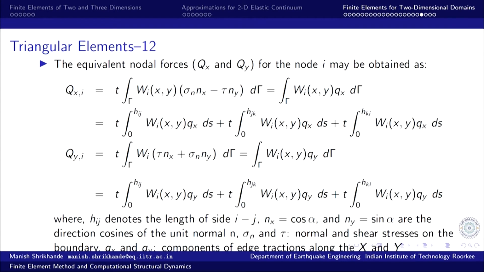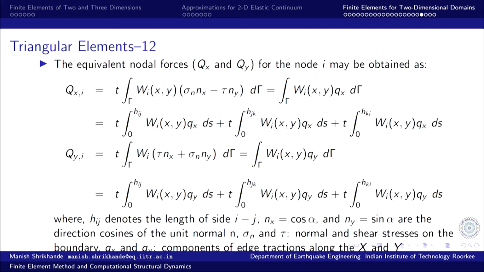When we do that, this is what naturally comes out during that evaluation: sigma n n x minus tau n y, multiplied by the weighting function, which will be the same as the shape function, and that has to be evaluated along this boundary. This is of course q x, if I resolve along the x and y direction. So, these are the tractions that we have.